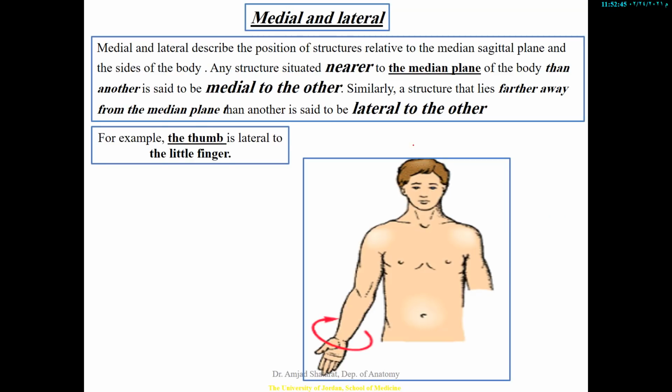Now let's jump into the definition of medial and lateral. Medial and lateral describe the position of structures relative to the median sagittal plane and the sides of the body. Any structure situated nearer to the median plane of the body than another is said to be medial to the other.